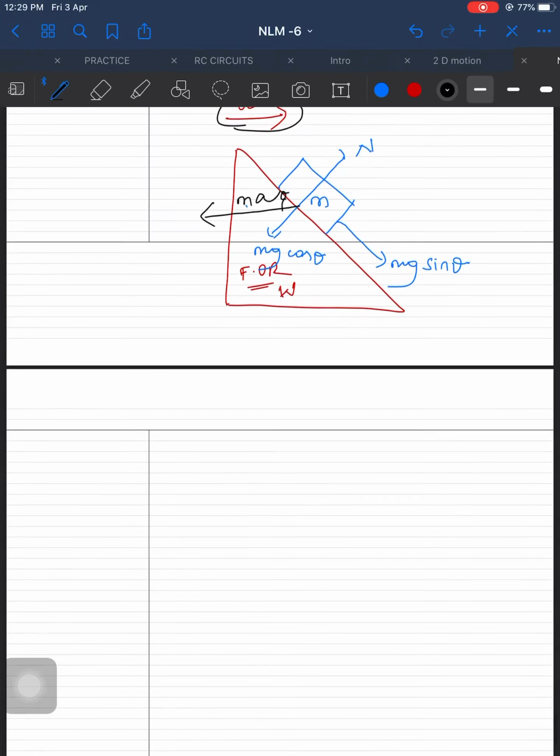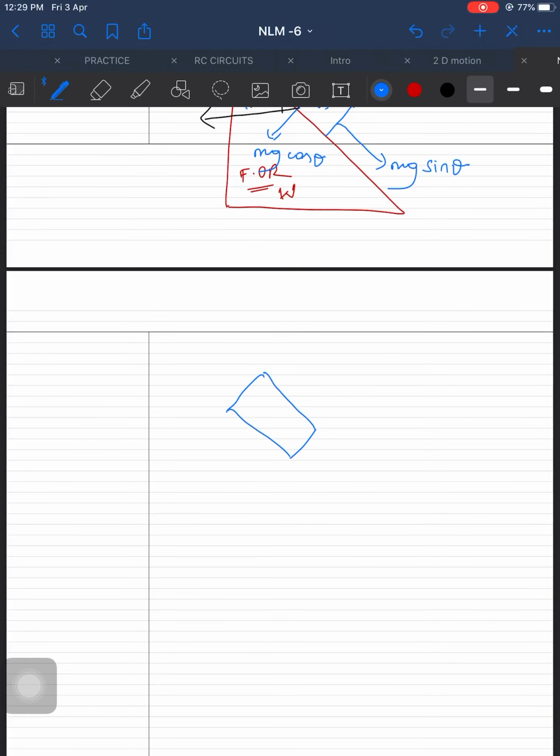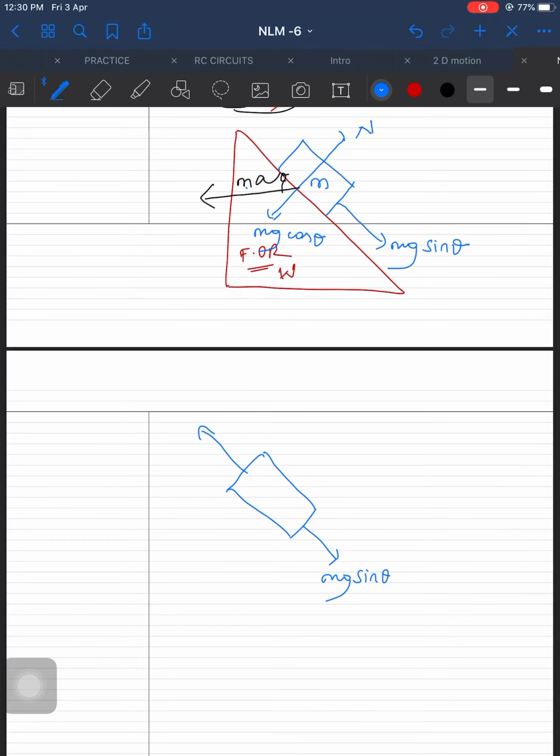Now, how much is the angle here? Theta. With respect to the wedge, should the block be at rest or should it move? It is at rest. So let's resolve into components. This is the block, with mg sin theta, and in the other direction mg cos theta.